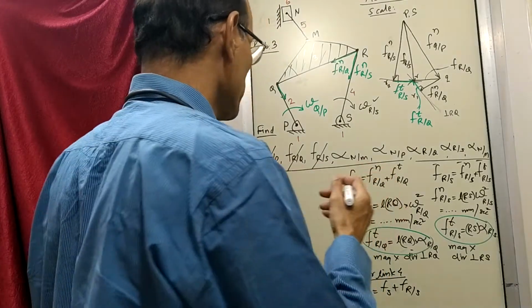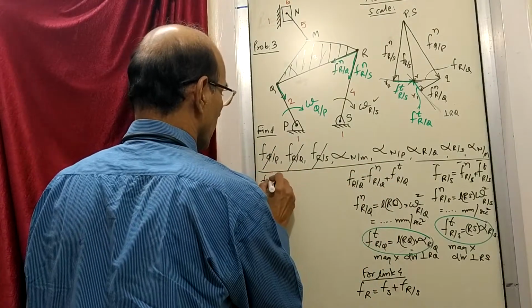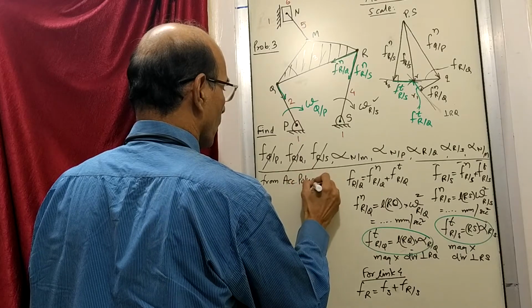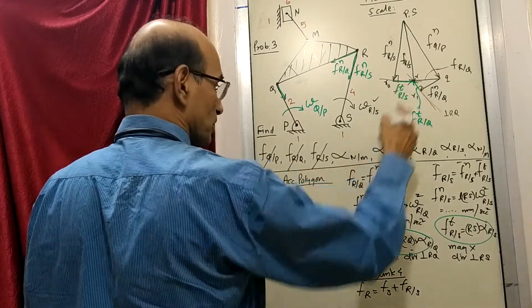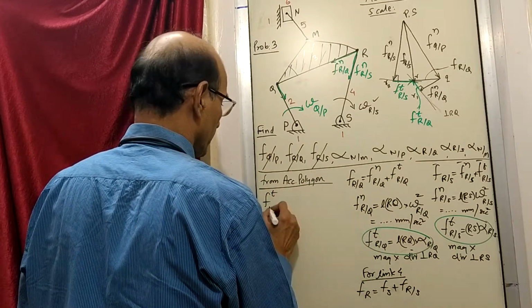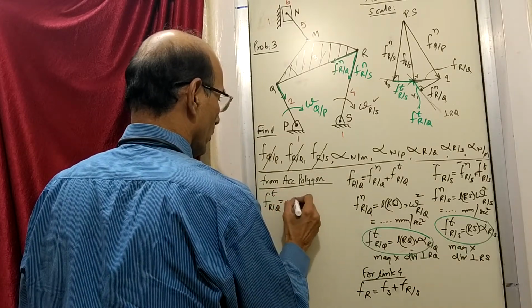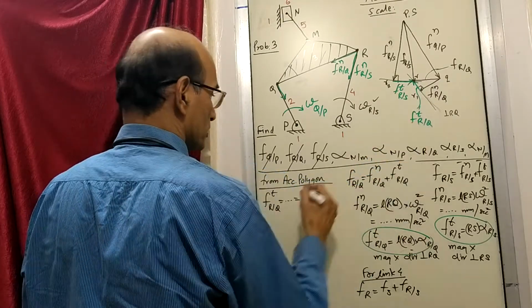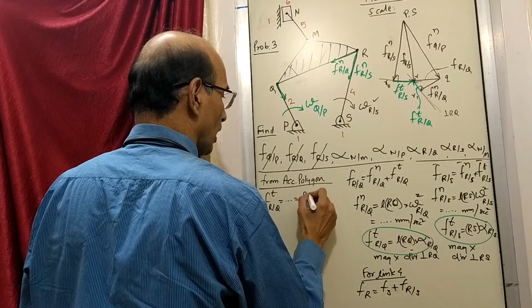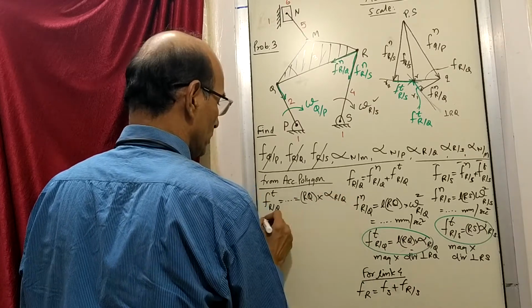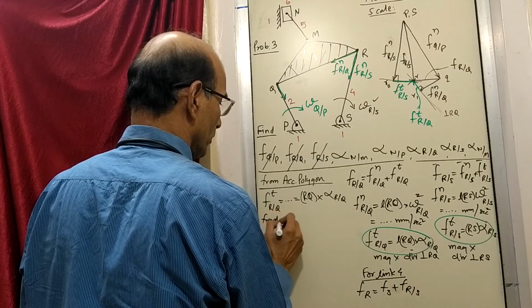Okay, so now we say that from the acceleration polygon, we found out Ft equal to something which is this, and then we equate that with rq into alpha, so that we can find alpha.